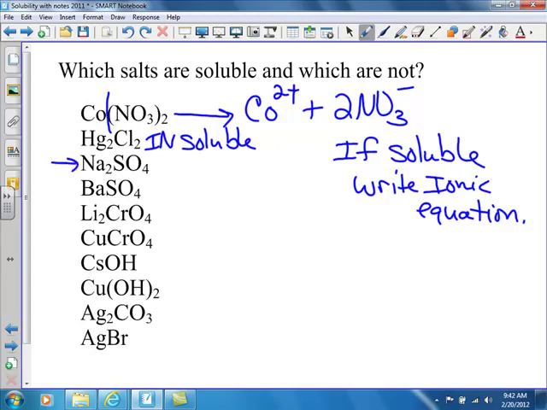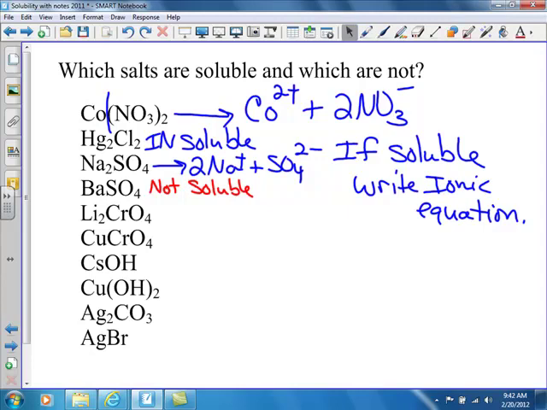Sodium sulfate: because sodium is a group 1 element, this is soluble, so you would write the ionic equation 2 Na plus and SO4 2 minus. Barium sulfate, not soluble. Lithium chromate: lithium is a group 1 element, therefore it's got to be soluble.